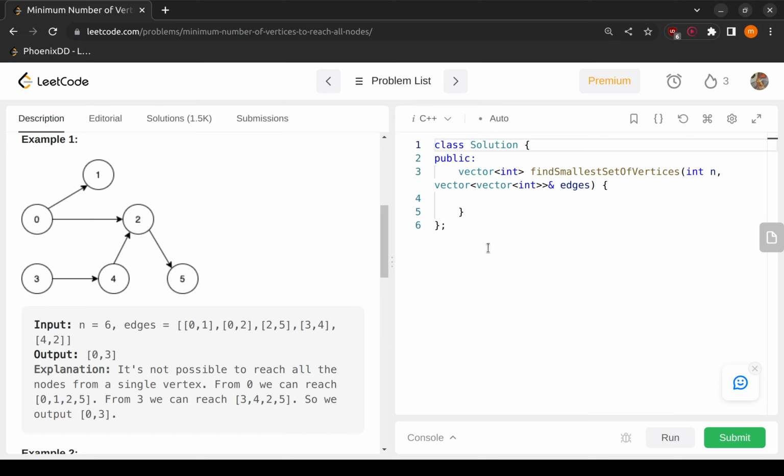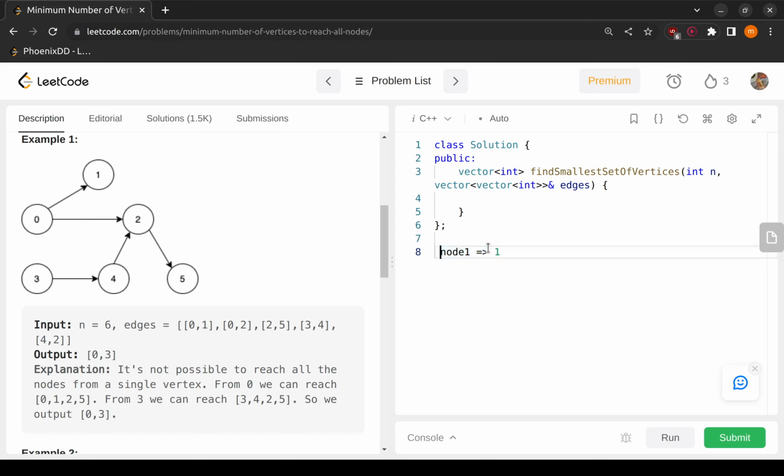So if there is a node with an in degree of 1, let's say node 1 has an in degree of 1, it means that it has at least one edge, right? Which means there is at least one node from which it can be reached, right? So let's not pick this node.